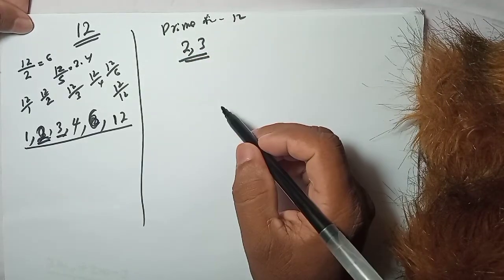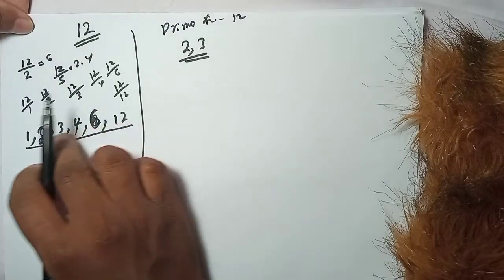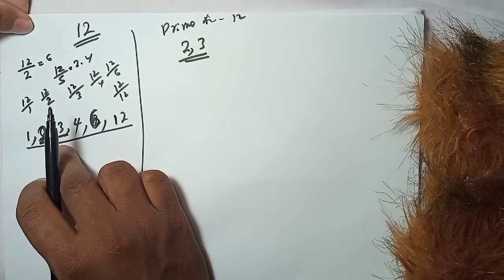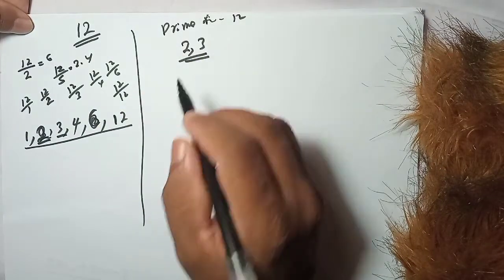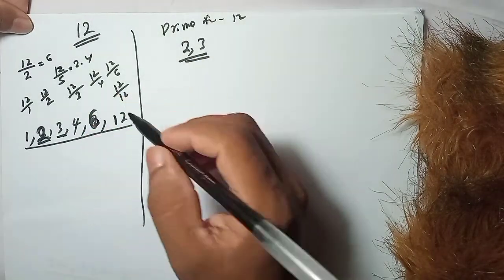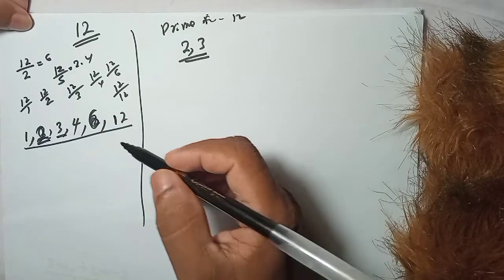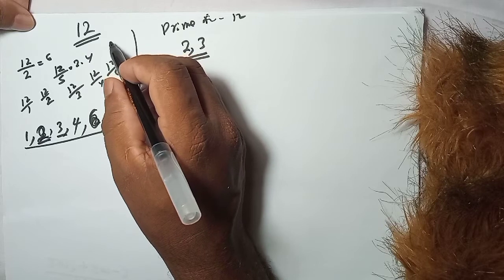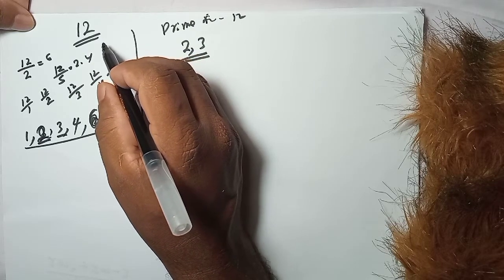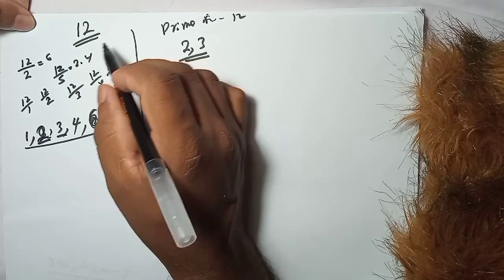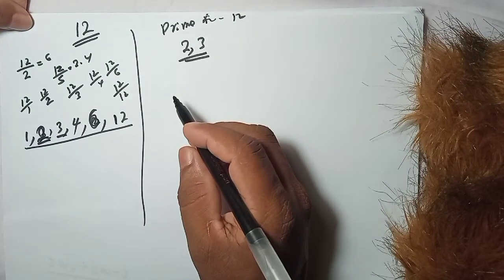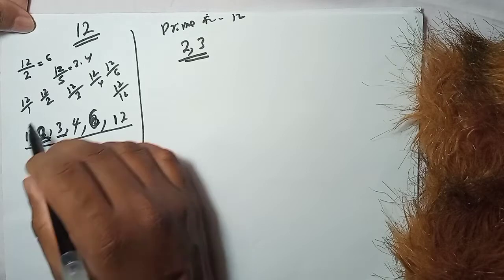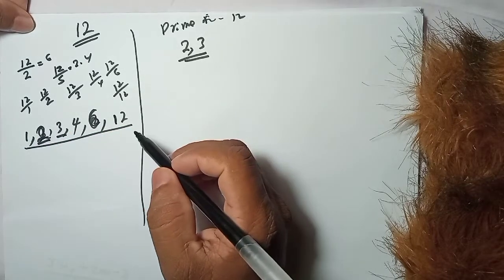First consider the factors of 12, then write from those factors the prime factors, 2 and 3. We have learned earlier that we can also get factors in pairs like 2 into 6, 3 into 4, but here I use a simple idea.